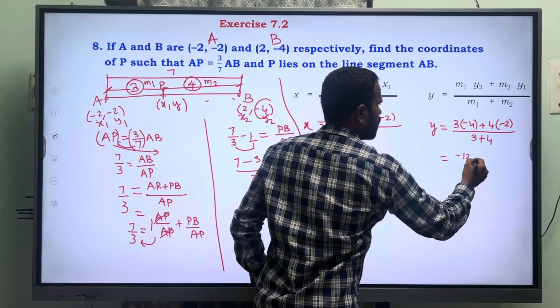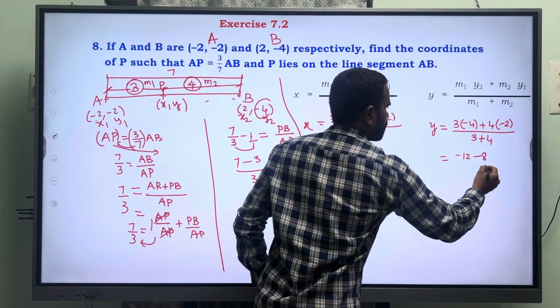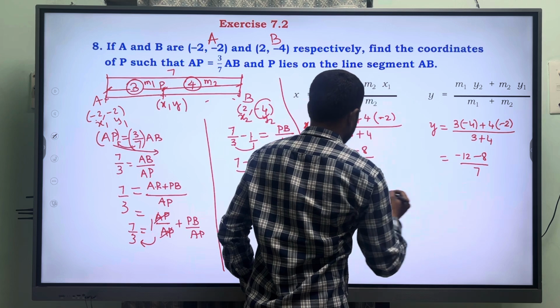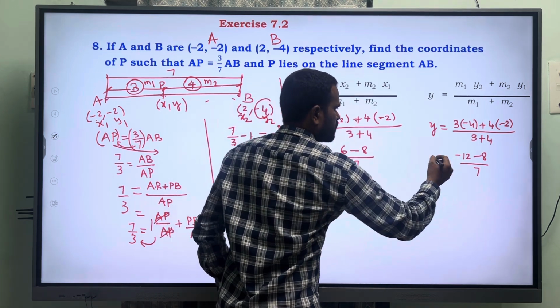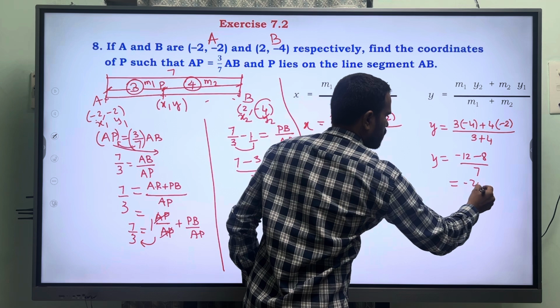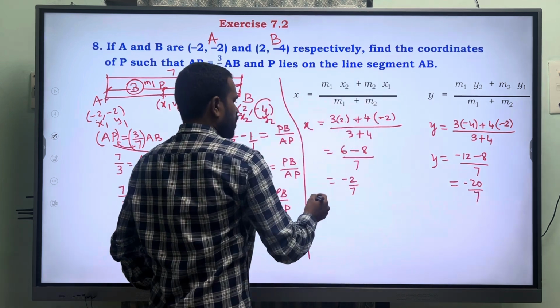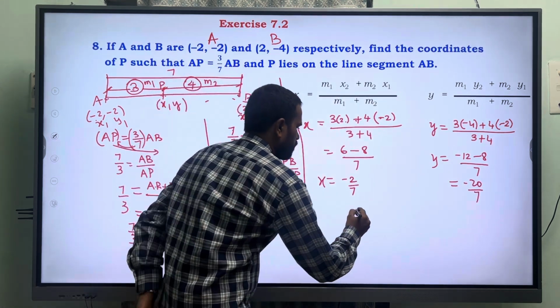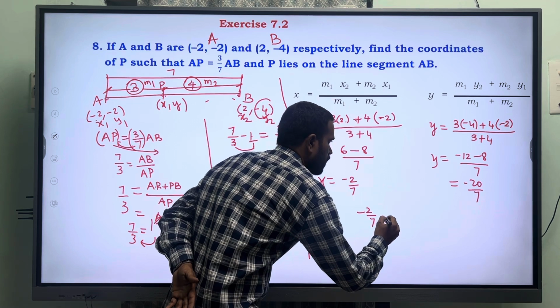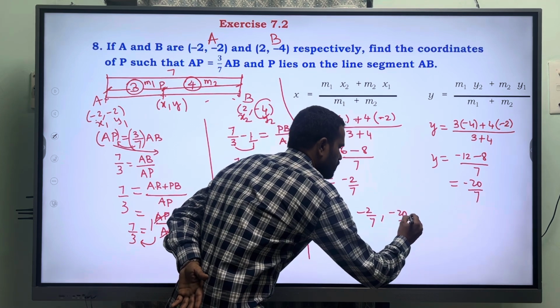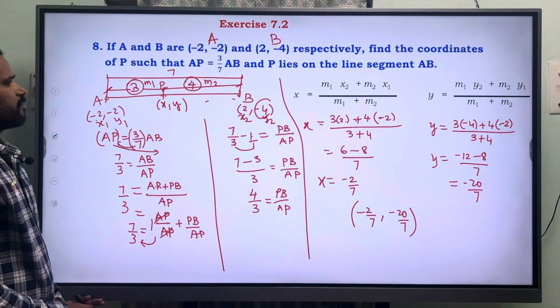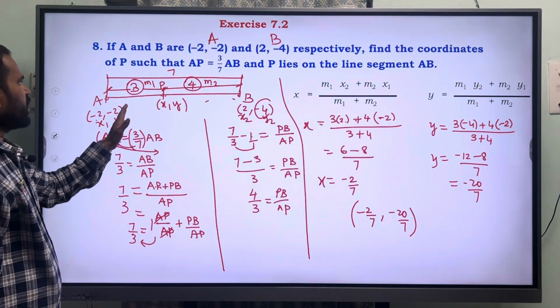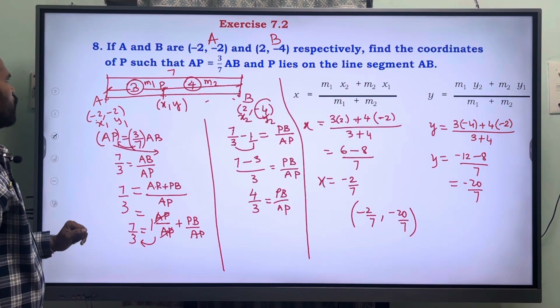Minus 3 4s are 12 minus 8 by 3 4s 3 plus 4, 7. So this 6 minus 8 is minus 2 by 7, and this is how much? Minus 20 by 7. So the coordinates x comma y how much? Minus 2 by 7 comma minus 20 by 7. These are the coordinates of the point P, which is dividing in the ratio 3:4.